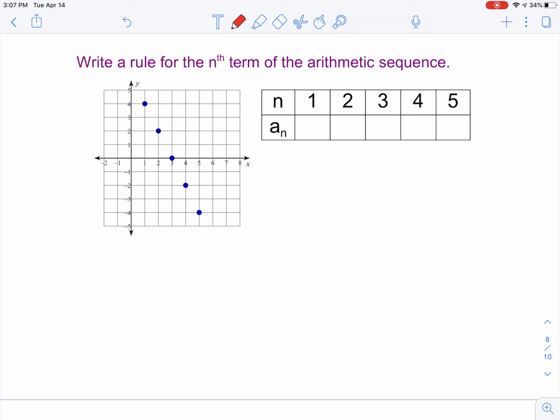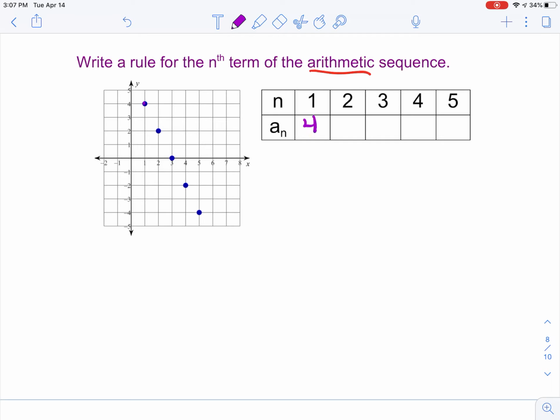All right. So now we have a line. So any line you get, whether it's increasing or decreasing, turns out to be arithmetic. So what I'm going to do here is find these values.